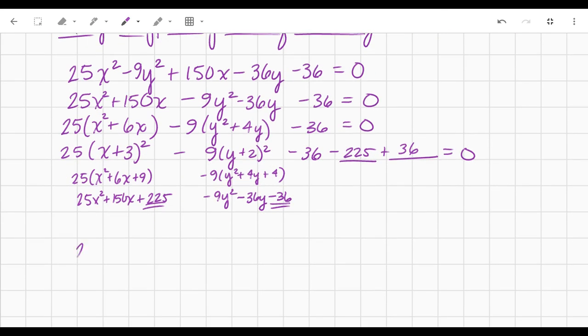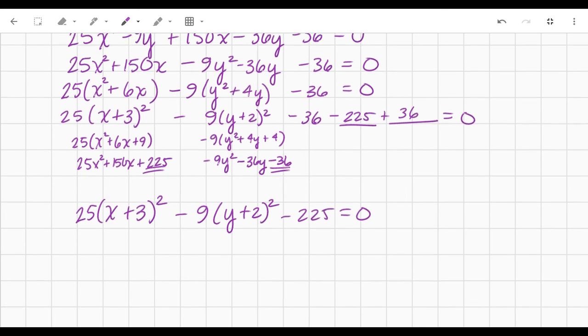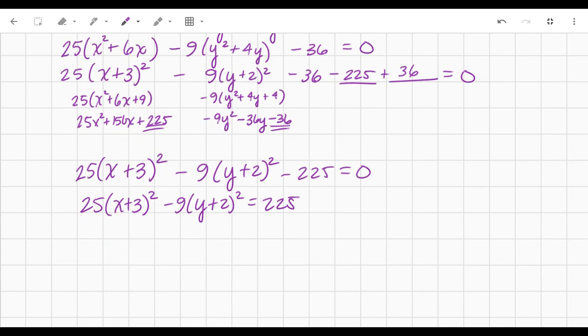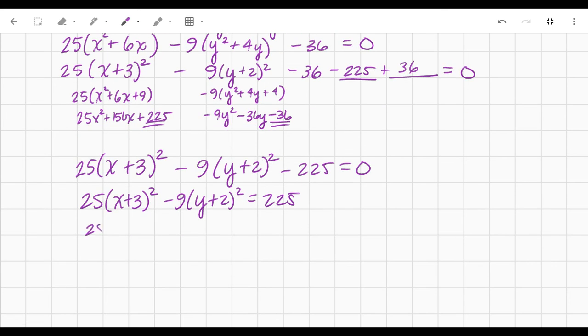Okay, so I've got 25 times x plus 3 squared minus 9 times y plus 2 squared minus 225 equals 0. So I'm going to add the 225. And I'm going to divide everything by 225. And I'm going to reduce.